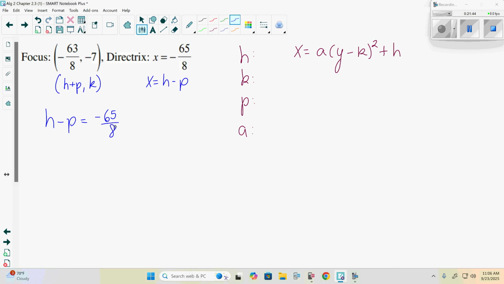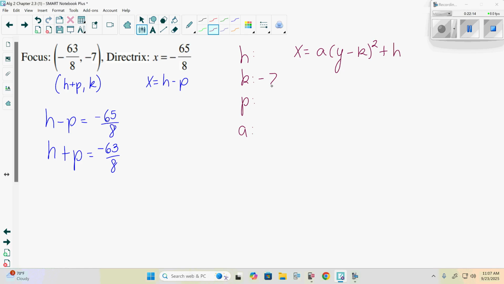According to the focus, when I take the value of h and add it to the value of p, I get negative 63 over 8. So we are able to find the values of h and p. We're just going to have to do one step in the middle to get there. But out of all this, it did tell me what k was. k is negative 7.